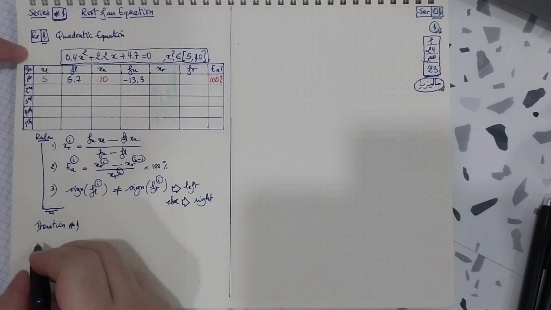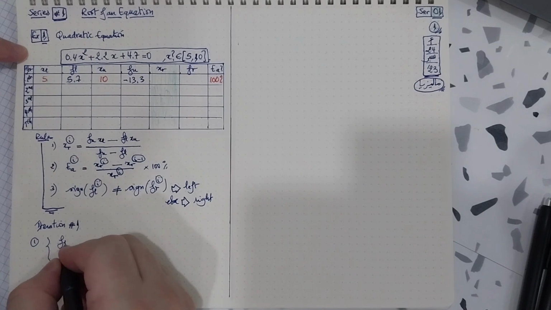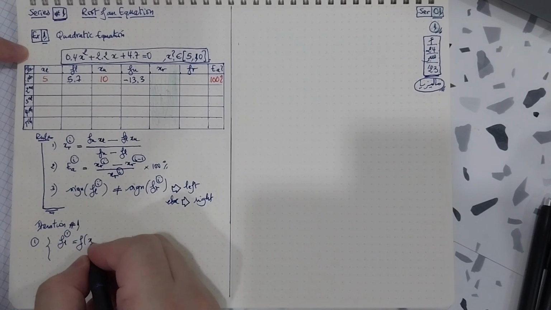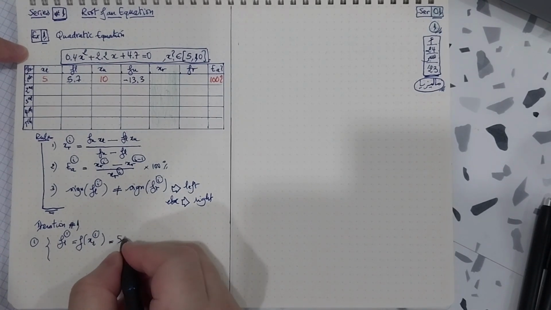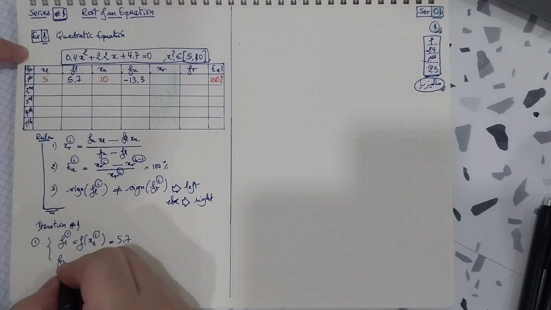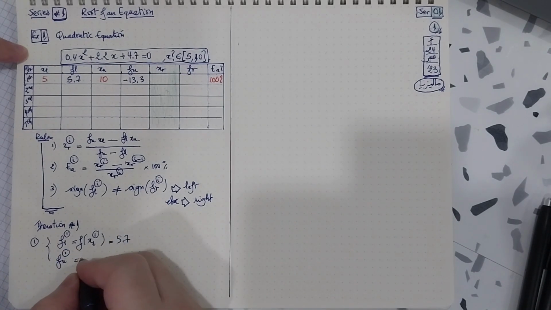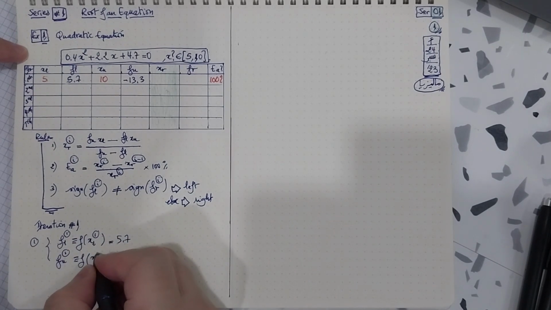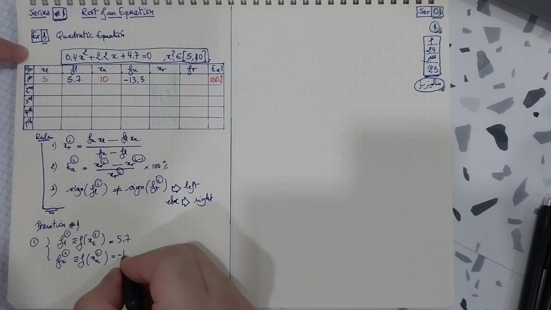Iteration number 1, first thing, we have seen FL1 is the image of XL1, and we have found it's 5.7. We did the same for FU for the first iteration. It's the image of XU1, and we found minus 13.3.